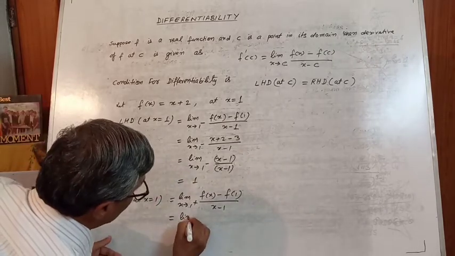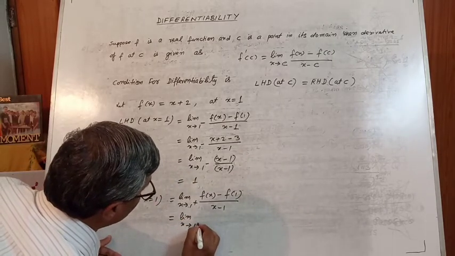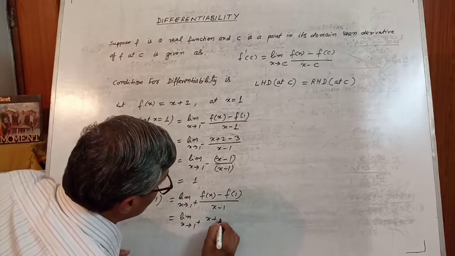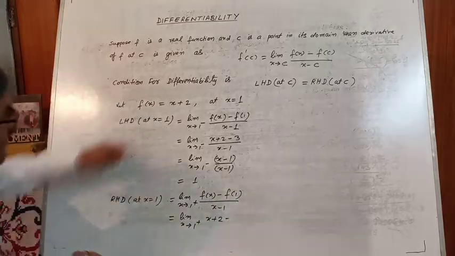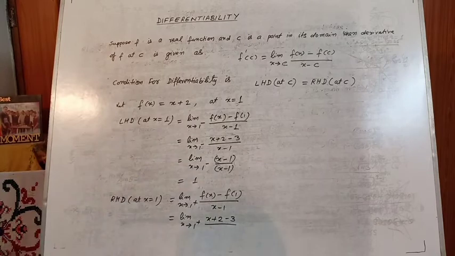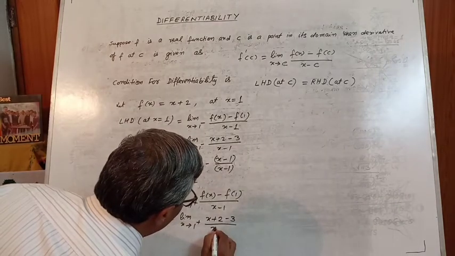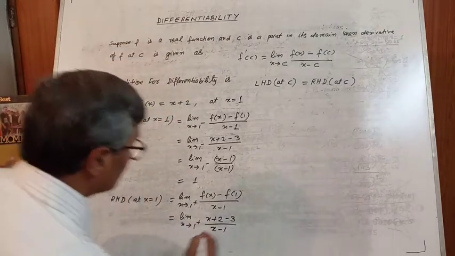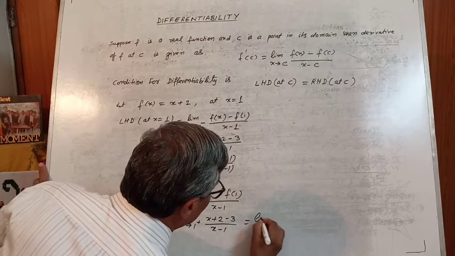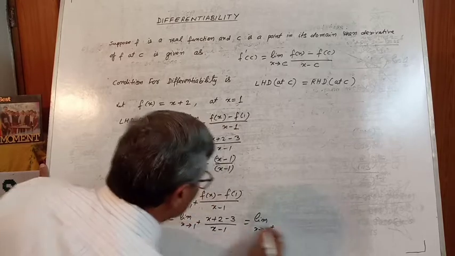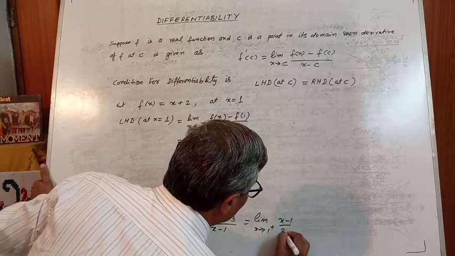Limit x tends to 1 plus, here function is x plus 2 minus f(1) which is 3, upon x minus 1. Again we are getting x minus 1 upon x minus 1.